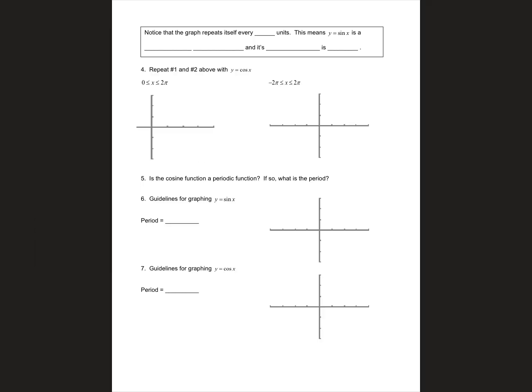All right, so top of the next page, it says, notice that the graph repeats itself, and when you look at it, it's going to be every 2 pi units. That means y equals sine x is a periodic function. A periodic function means you'll see the graph of the function repeating itself over and over and over.